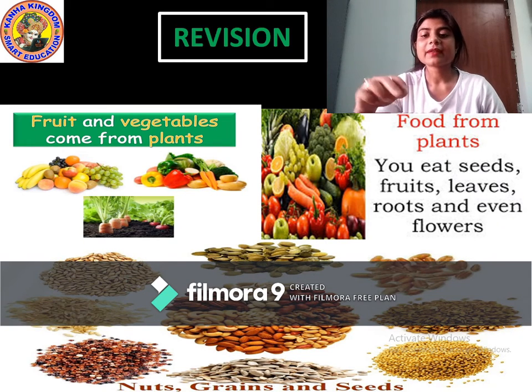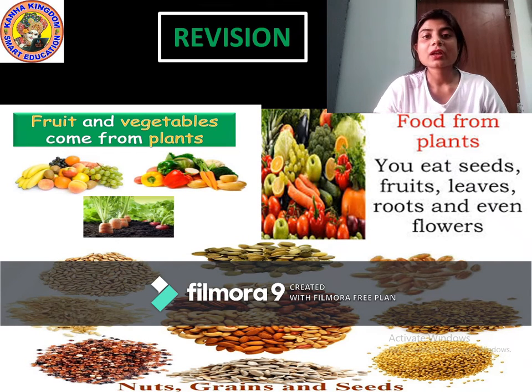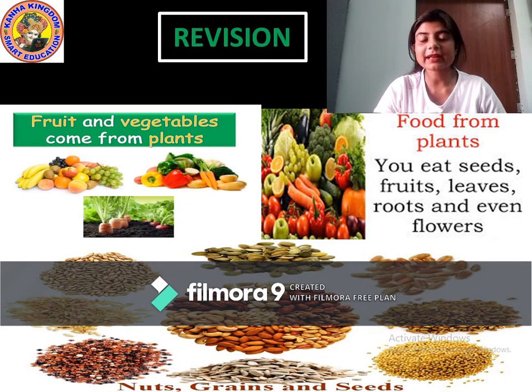Okay, then we also eat fruits. We also get fruits from plants. We also eat the fruit part of a plant like apple, mango, orange, grapes, banana, guava, kiwi, etc. So many fruits are there. These are also a part of a plant that we eat as food.